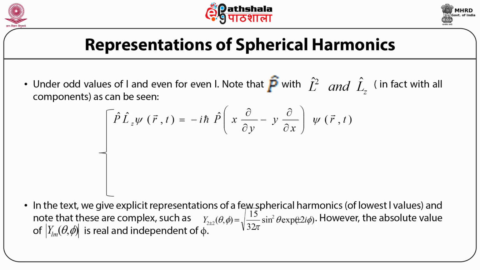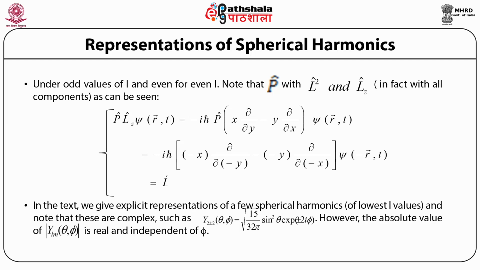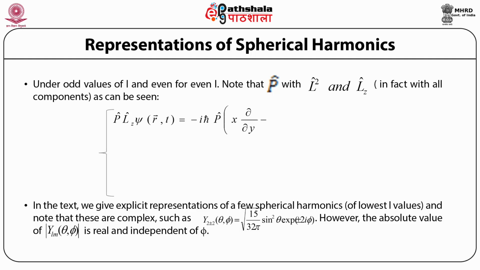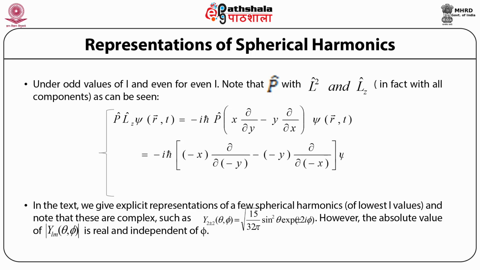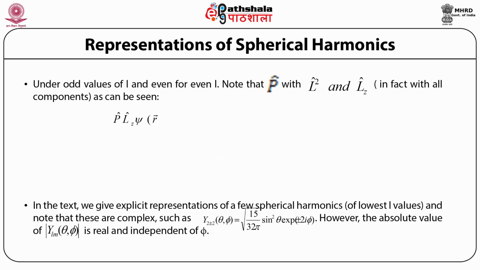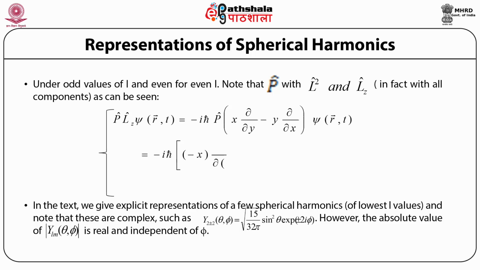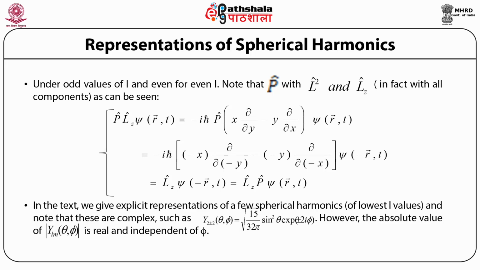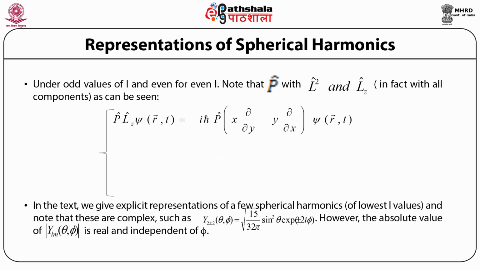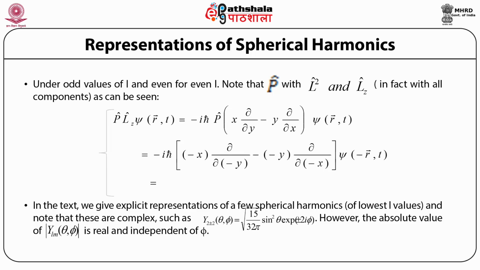From this, one can also get explicit representations of a few spherical harmonics of the lowest L values. Looking at these, one can note that these are complex. For example, the spherical harmonic Y_2,plus minus 2(theta, phi) is equal to under root 15 by 32 pi times sine squared theta times exponential to the power plus minus 2 iota phi.